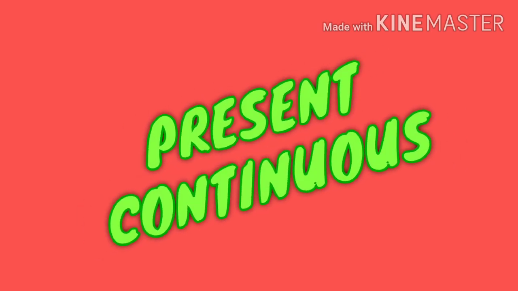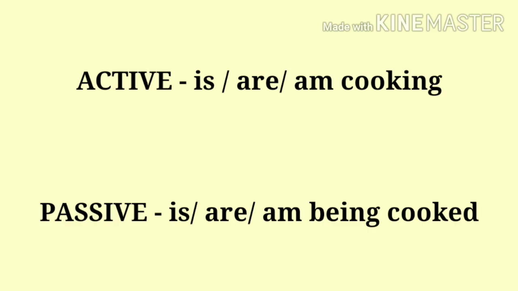So let us see how to convert the sentence from active to passive voice when the sentence is in present continuous form in the active voice. Let's better understand through an example.